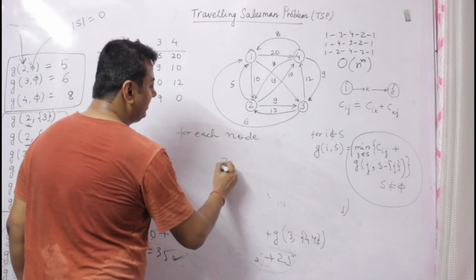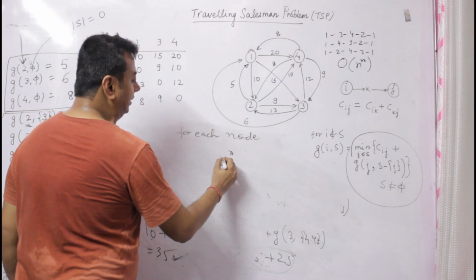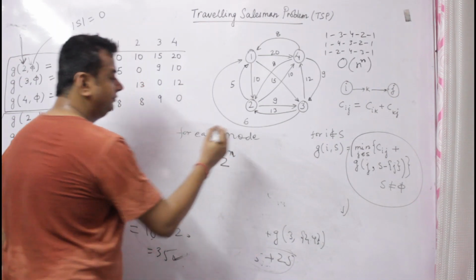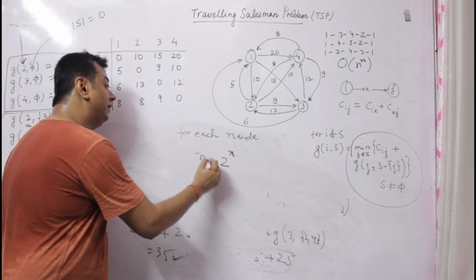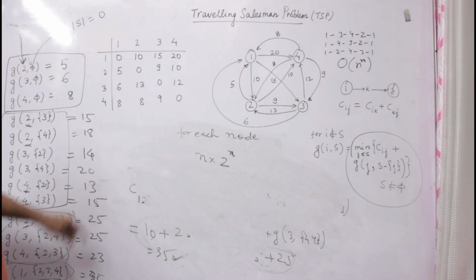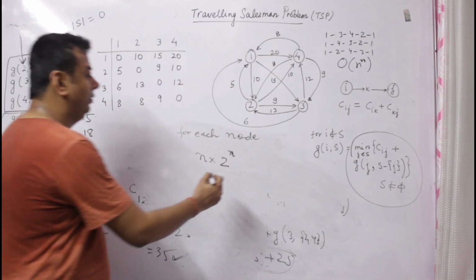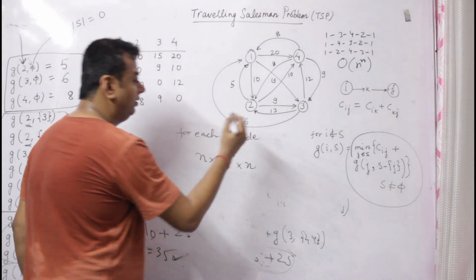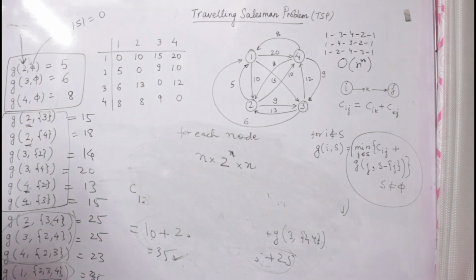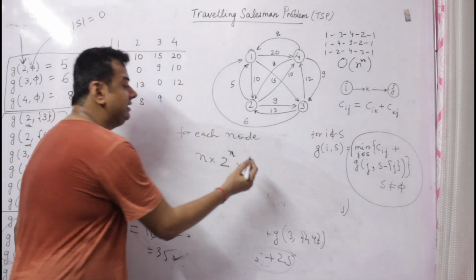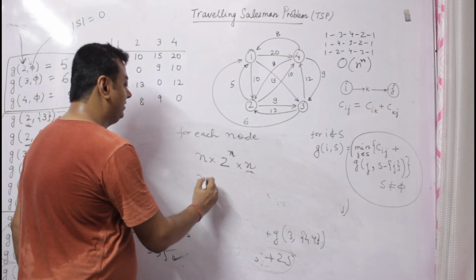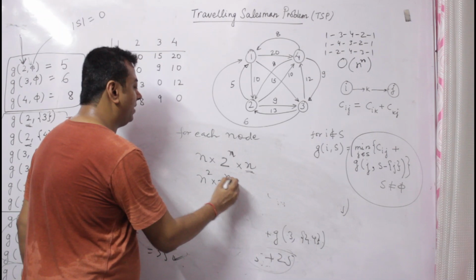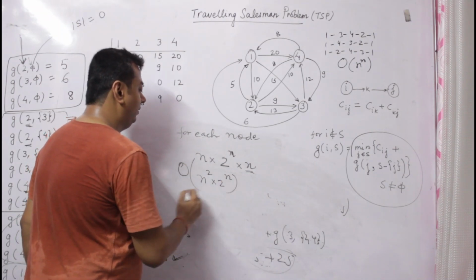So the number of subsets is 2 raised to power n for each node, and amongst those we are also comparing. So at max it is n comparisons. So this is n square into 2 raised to power n.